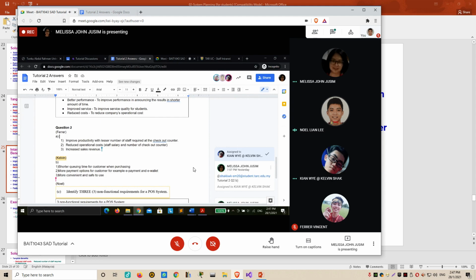Membership discount. We can make that assumption as well, right? A new point of sale system that incorporates a membership function. So, what kind of benefit do they get? Discount points.